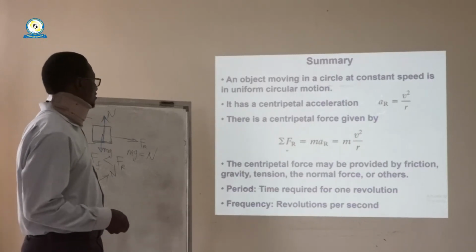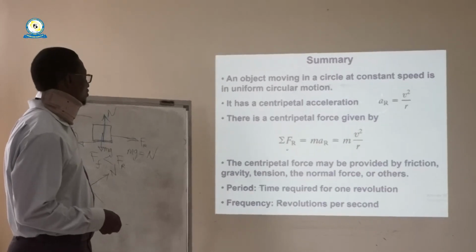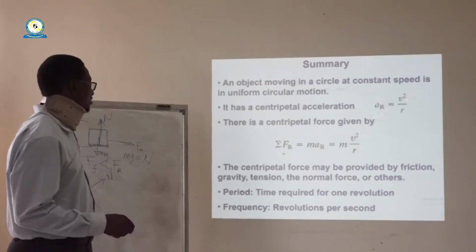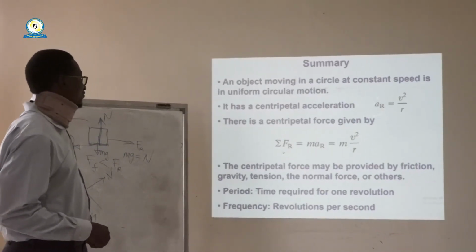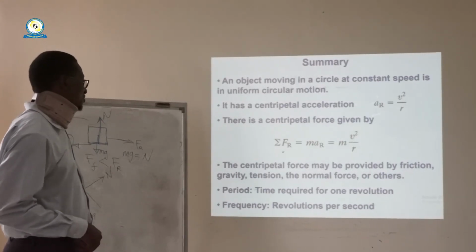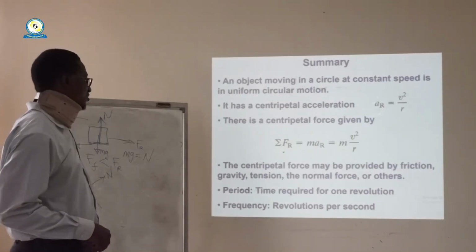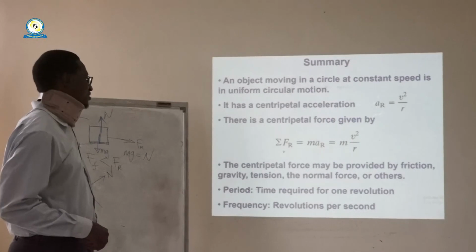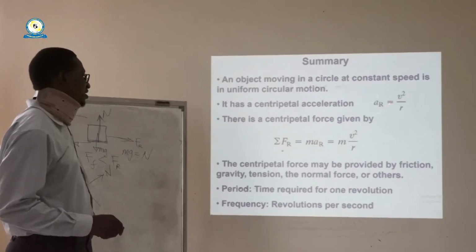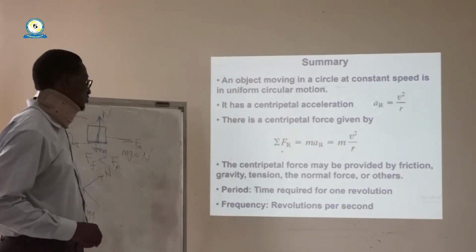Summary: an object moving in a circle at constant speed is in uniform circular motion. It has a centripetal acceleration. Remember, there is a centripetal force given by this one. The centripetal force may be provided by friction, gravity, tension, the normal force, or others. Normal force, for example on a banked road, a component of the normal force can provide it.